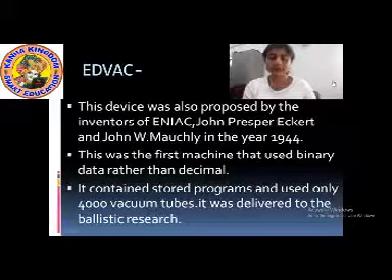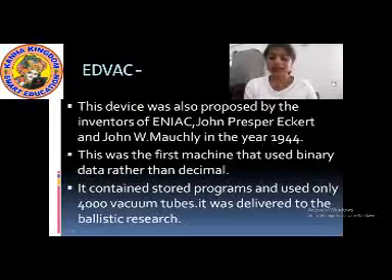Students, now let us learn about EDVAC. The full form of EDVAC is Electronic Discrete Variable Automatic Computer.